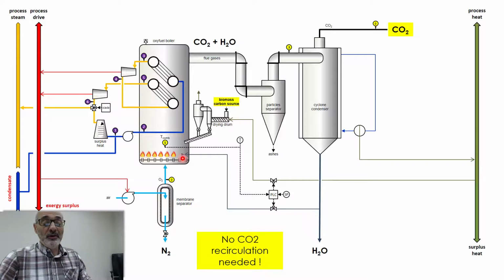This is very efficient because you inject liquid water, and water is going to change from liquid to gas and absorb a lot of heat, latent heat, and then heat up to the set point temperature.